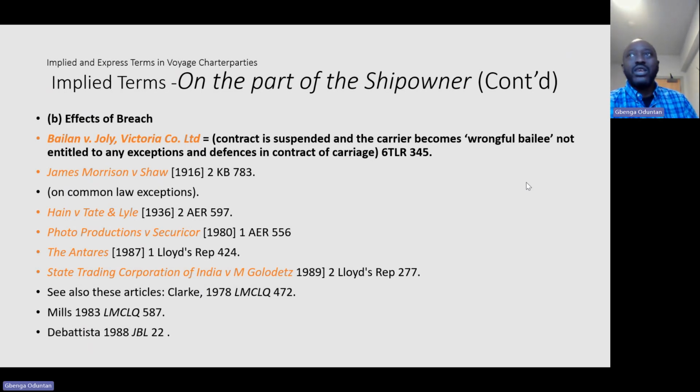You become wrongfully in possession from the moment you start doing things that are not in the contract, or that by the implied terms are wrong. You are doing things outside the contract. That's not a good place for a ship owner to find himself or herself.